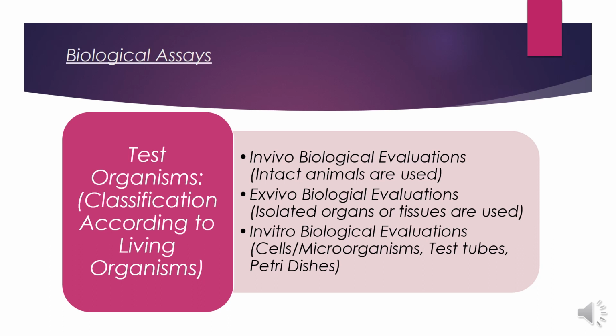You can use intact animals, or isolated organs or tissues if you have stable preparations that remain stable for longer duration, or you can maintain the efficacy of your test organism. You can also use cell cultures or microorganisms in vitro.